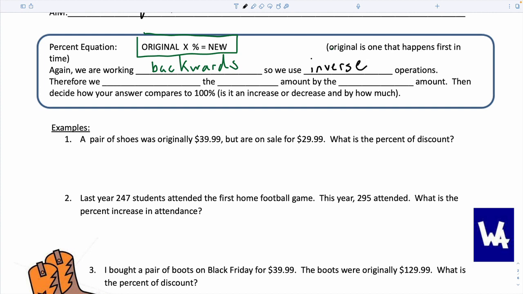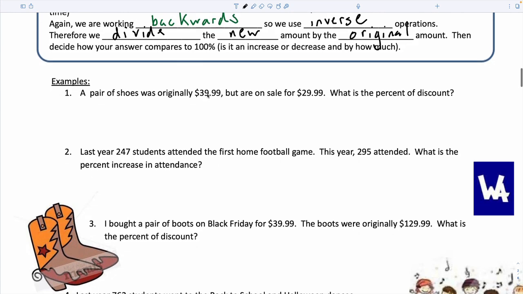When we're going from new to percent, we're working backwards, so we use division. We're going to divide the new amount by the original amount to get the percent. Then decide if it's a markup or a markdown, and by how much, and then we'll get a percent total.